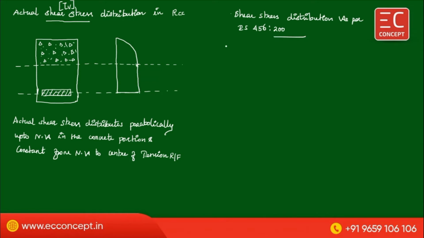As per IS 456 2000, the same section you have to take. Let me extend the neutral axis and the center of the reinforcement. This is the neutral axis, and this is also the same neutral axis. You know, this is the extreme point.